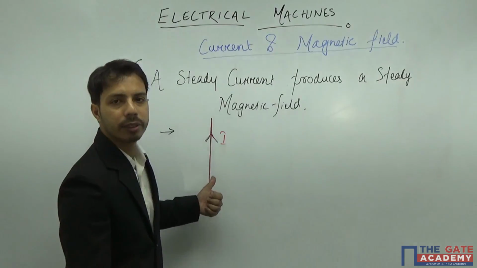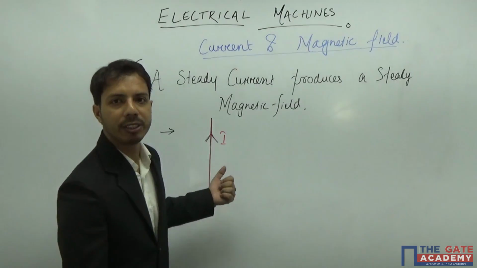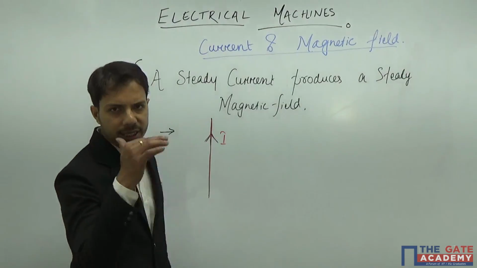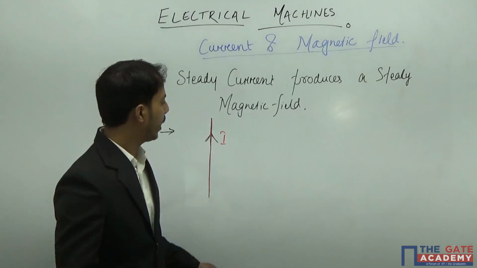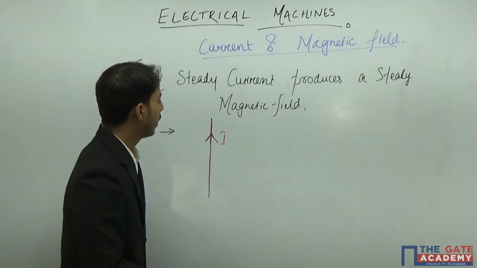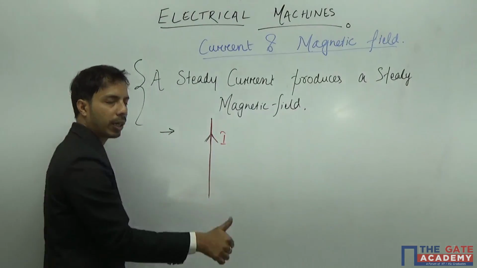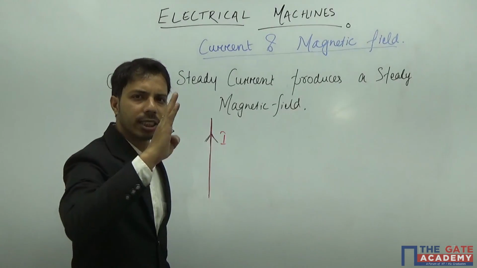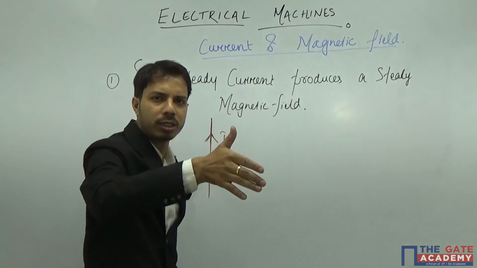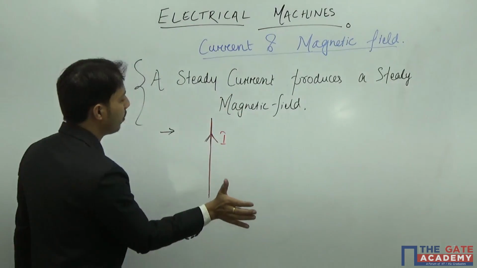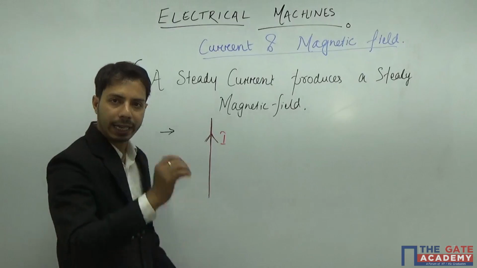To find out the direction, we use a convention which we call the right hand thumb's rule. That means we will take the right hand, and the direction of my thumb will be the direction of the current. The direction of my fingers then gives me the direction of the magnetic field at any point.